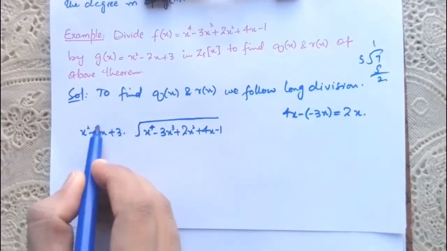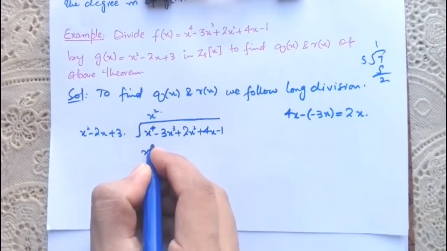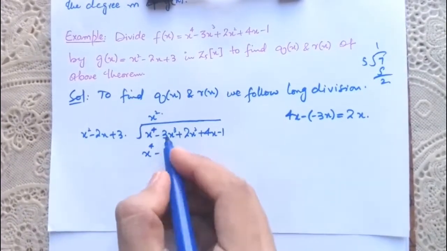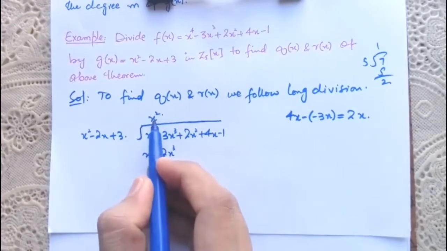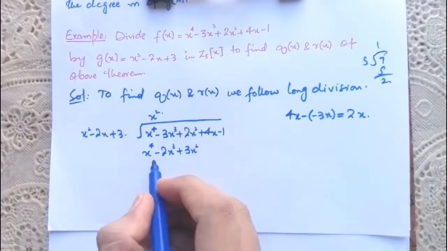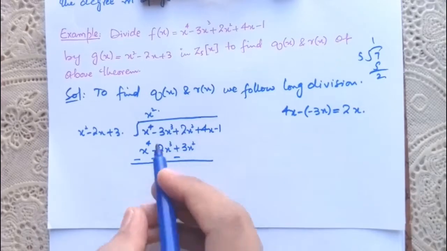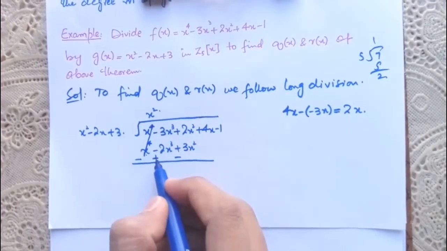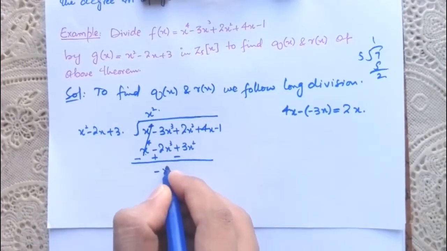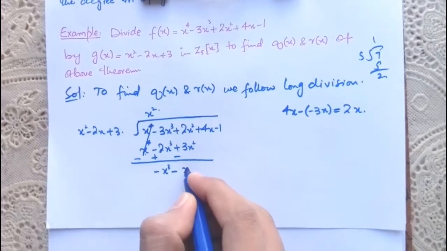So if we multiply this polynomial with x^2, we get x^4 minus 2x^3 plus 3x^2, right? So minus here, plus or minus, right? So minus 3 and plus 2 is equal to minus x^3, and it is equal to minus x^2.